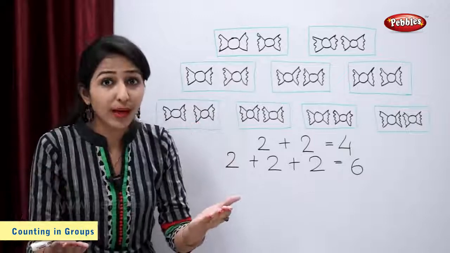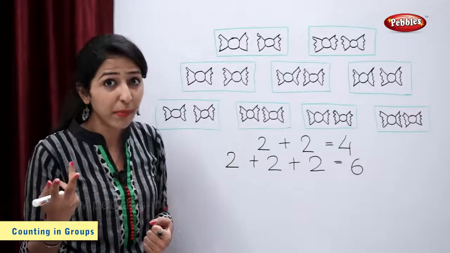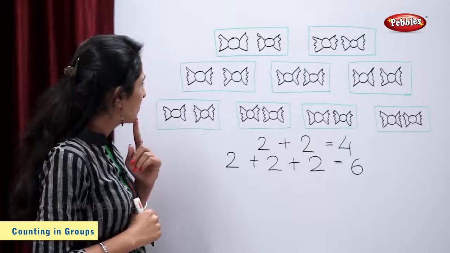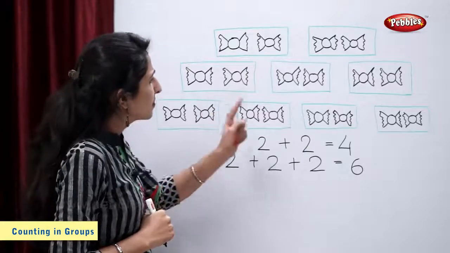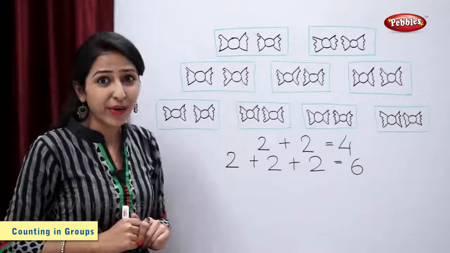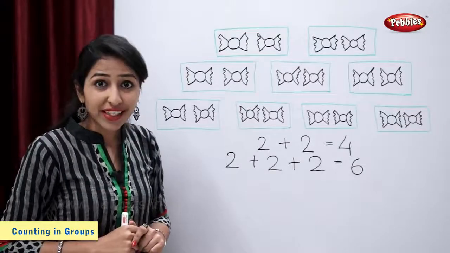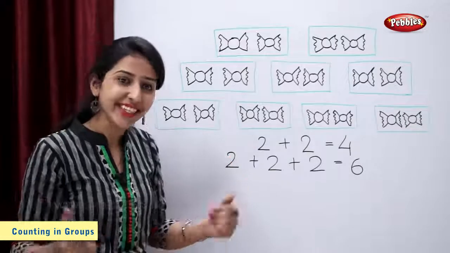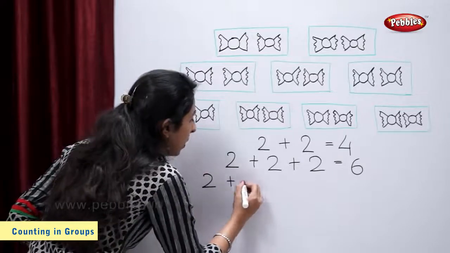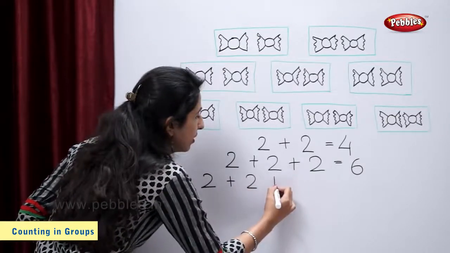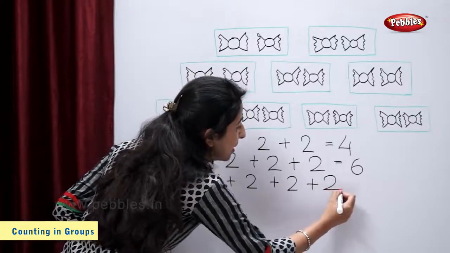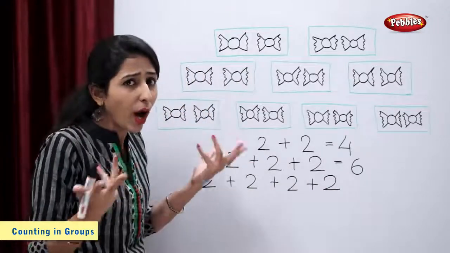Students, now you count and tell me there are how many pairs in the third row? There are 4 pairs in the third row. So, 4 pairs of 2 chocolates each. 2 plus 2 plus 2 plus 2 is equal to how much?